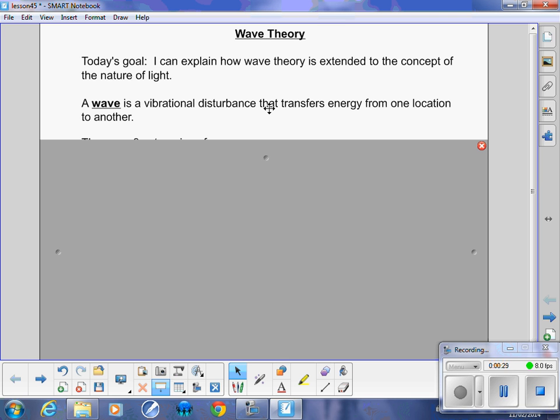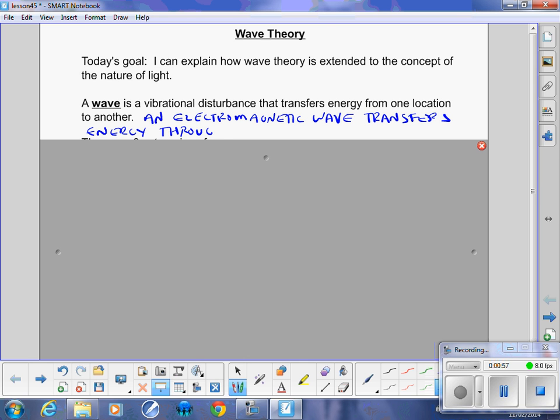Now we have to extend this definition a little bit because we have electromagnetic waves. So I'm going to add in here that an electromagnetic wave transfers energy through the use of magnetic and electric fields.